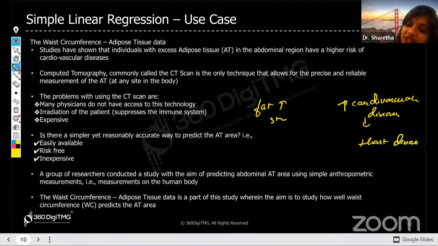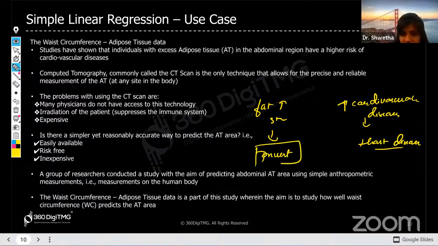Okay. When there was a direct relationship between these two, then to prevent heart diseases, we need to look at the people who have excess adipose tissue, and we could try to prevent them from getting heart disease. Right? The relationship between adipose tissue and cardiovascular disease was found, and then to prevent this, we could indirectly prevent adipose tissue.